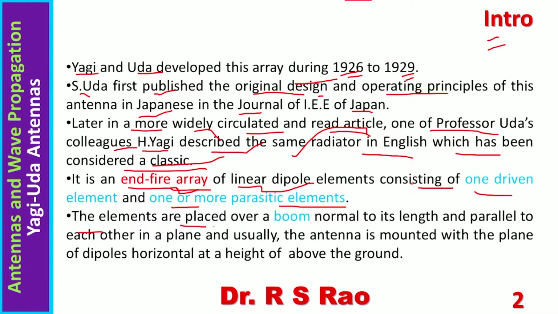The elements are placed over a boom normal to its length and parallel to each other in a plane, and usually the antenna is mounted with the plane of dipoles horizontal at a height above the ground. This gives a small familiarity with the antenna.